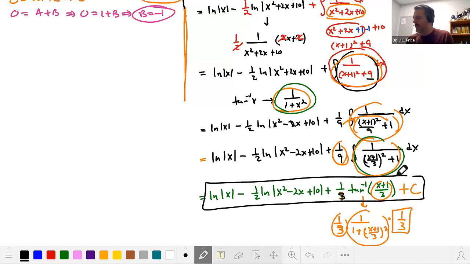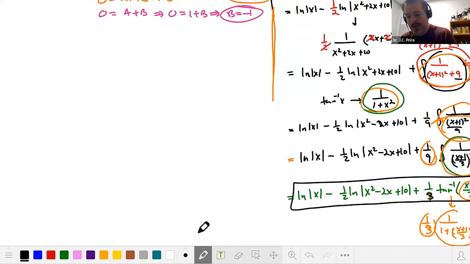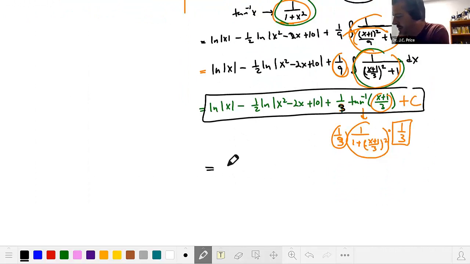Oh, actually, I'm not quite done. I still have a little bit more left to do. But I usually tell you guys, if you get this far in this type of problem, that's a good problem. All right, but I guess I should probably put these ln's together. So let me do one last little step here. So it's ln, you're subtracting, and you have a 1/2 here.